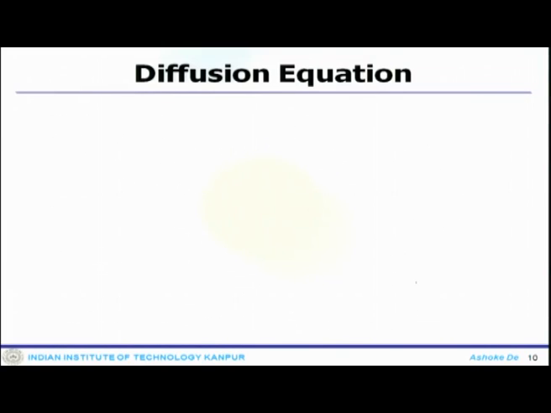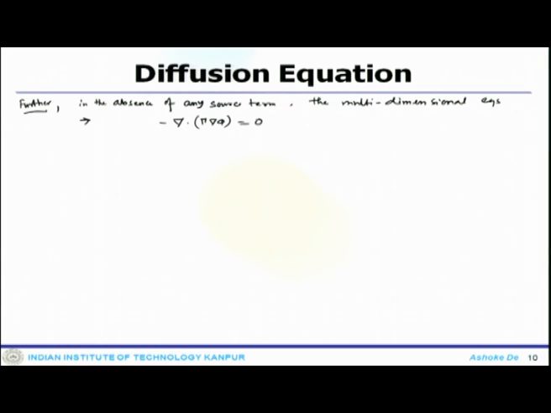Now, further, in the absence of any source term, the multidimensional heat conduction equation reduces to this equation, del dot gamma grad phi equals 0.